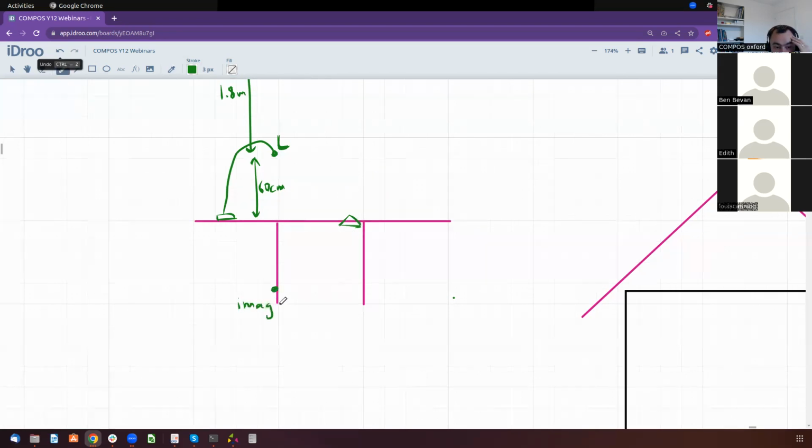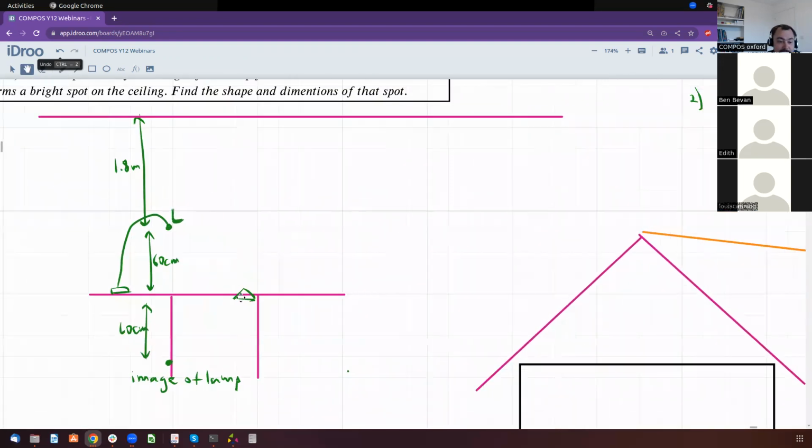Image of lamp is the same size and the same distance. So this is 60 centimeters, 60 centimeters. So now it looks as if the light is coming from the image, because what mirrors do, they trick you. They trick you into thinking light is coming from behind the wall.